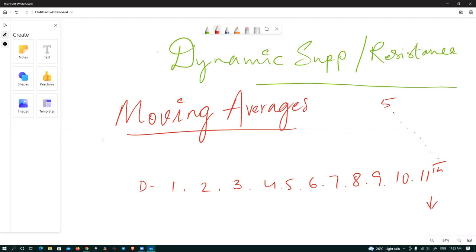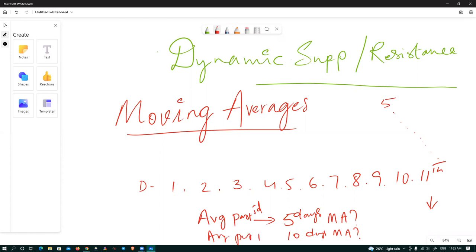It depends on what value of moving average you need, whether the last 5 days moving average or the last 10 days moving average. This is nothing but the average of the past 5 days. This is the average of the past 10 days.